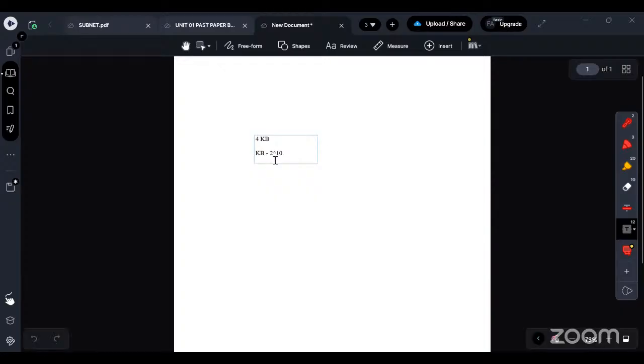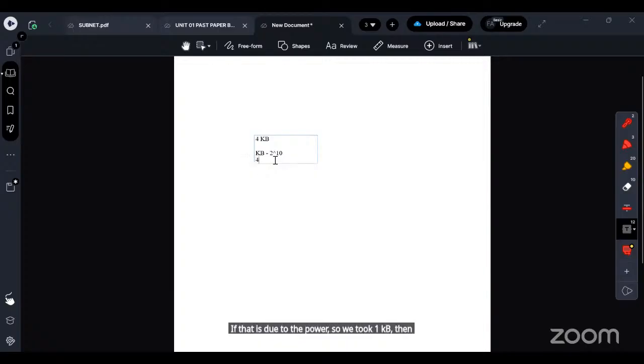Ten. If that is 2 to the power 10, so we took 1 KB, then how about 4? 2 to the power what is 4? 2, right? 2 to the power 2.